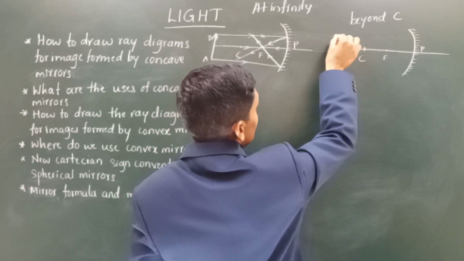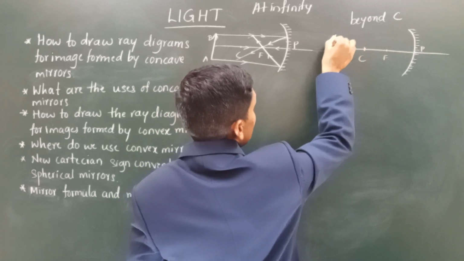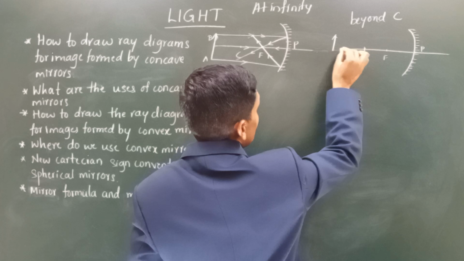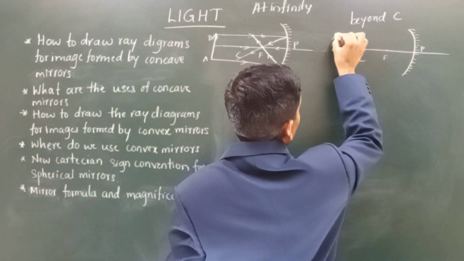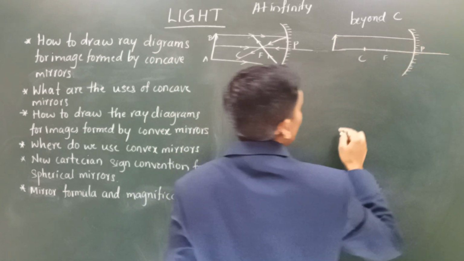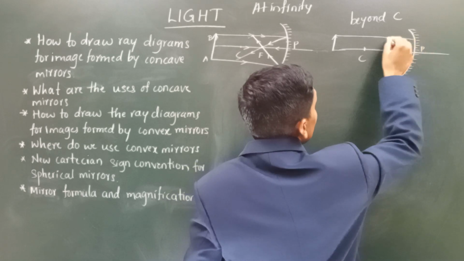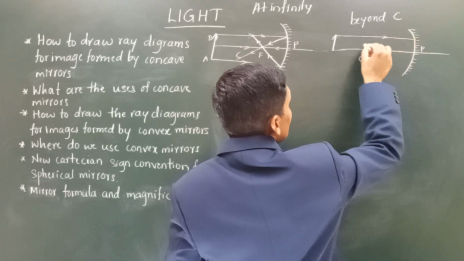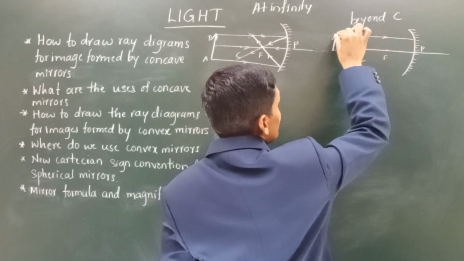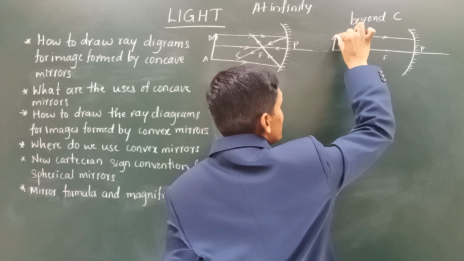Now when the object is beyond C, you have to consider one ray which is parallel to the principal axis. Now another ray you need to consider is passing through the center of curvature.